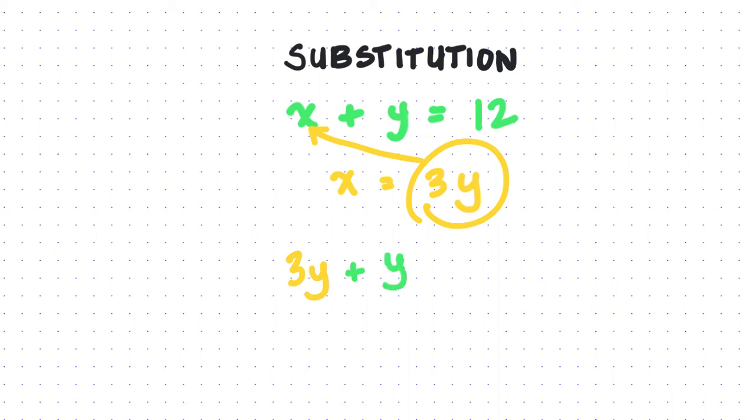I'm going to write that in and substitute x for that new equal value. And now I have a new equation. What we have now is that instead of having two different variables, we now have the same variable. And we can solve it now. So 3y plus y, well, that's simply 4y is equal to 12.